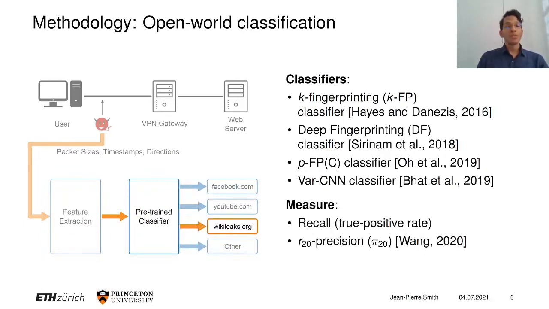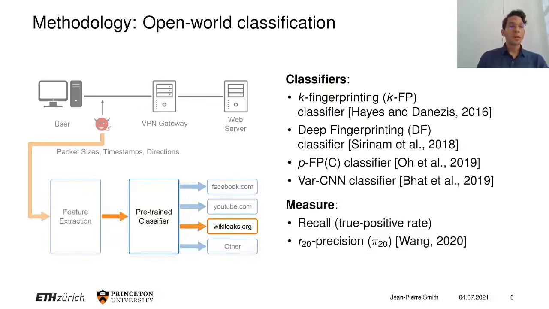Here we use R20 precision, as it allows us to fix the number of unmonitored visits for every monitored visit that the user does in the computation of our metric, and this better emulates our user in the real world, which would not visit monitored and unmonitored samples in the same ratio as our dataset.